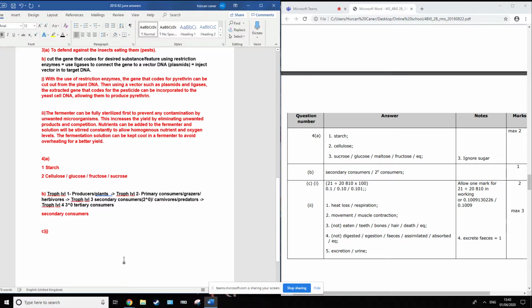So we're gonna go back. I don't know how to do this calculation. Let me do it together, don't worry. Plants are the trophic level 1, aren't they?